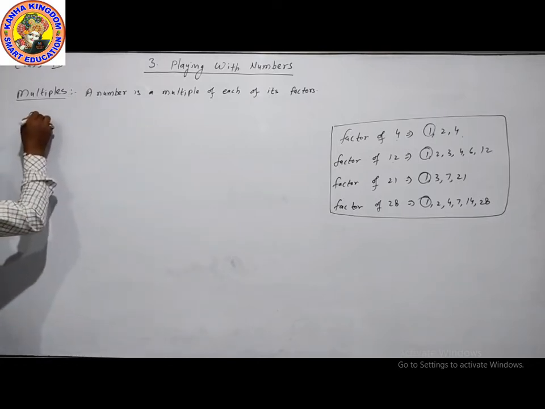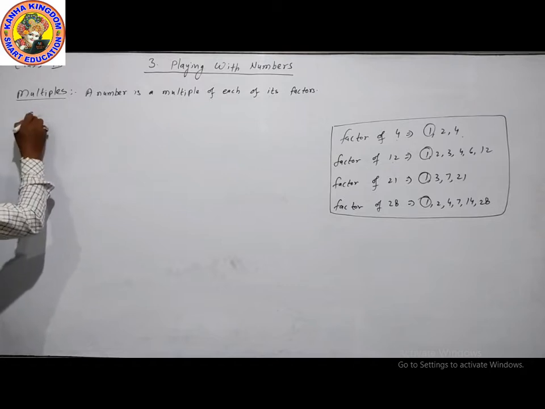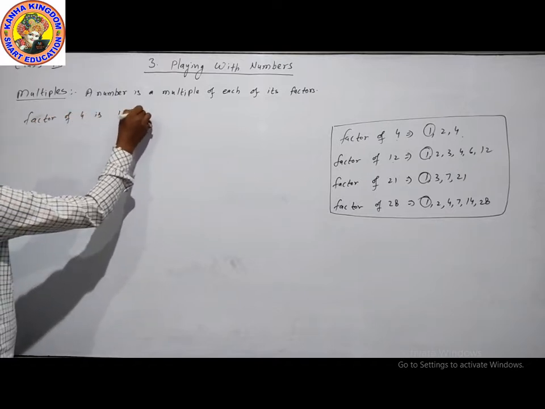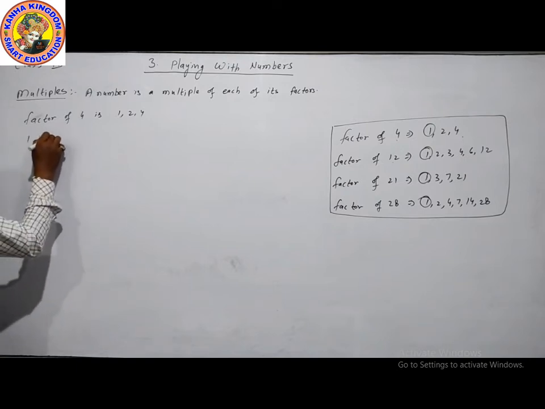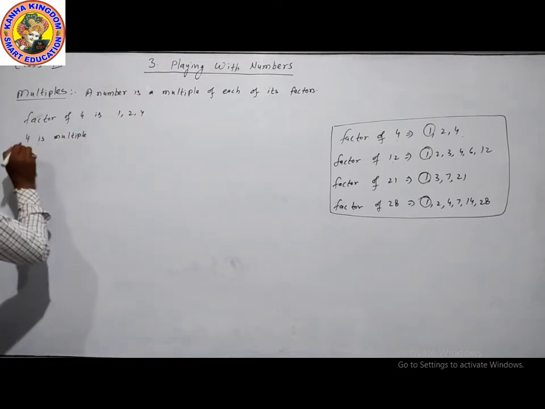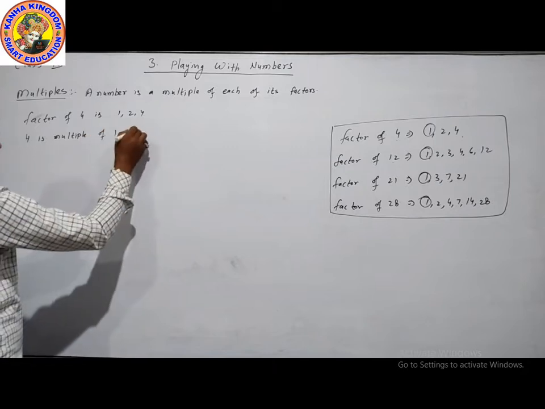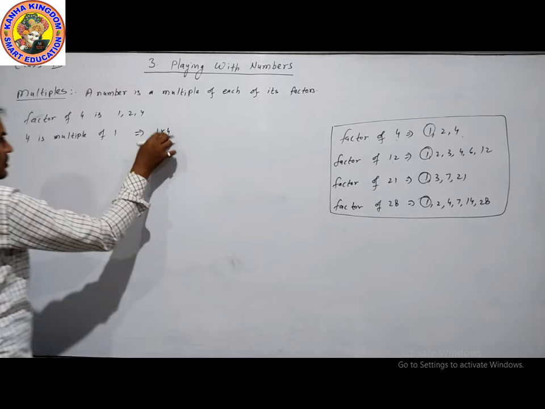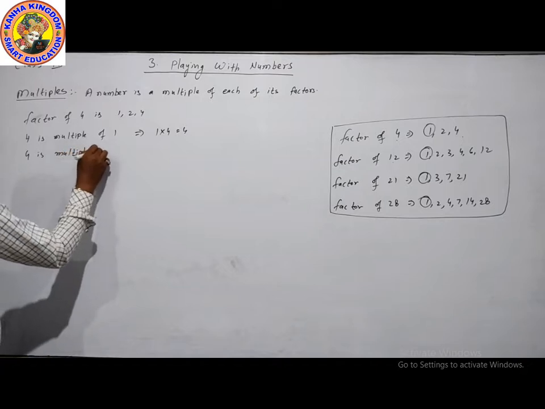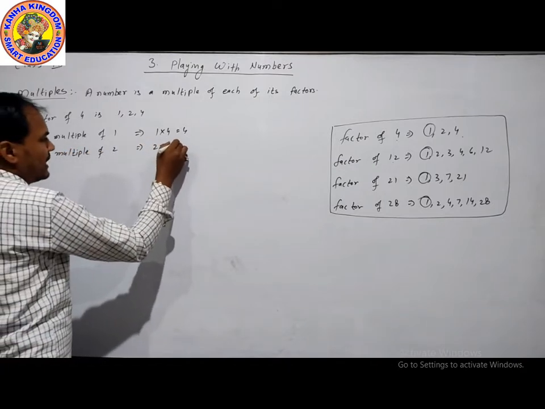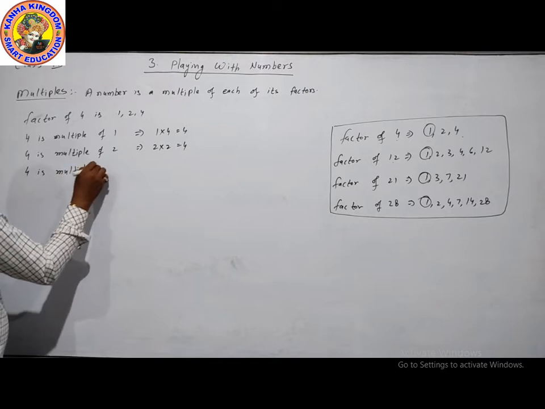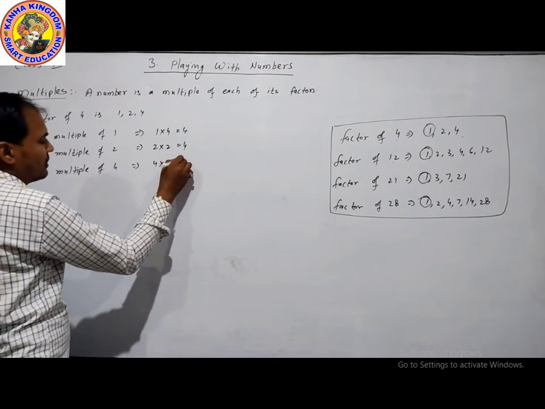For example, factors of 4 are 1, 2, 4. So 4 is a multiple of 1 because 1 into 4, answer is 4. 4 is a multiple of 2 because 2 multiplied by 2 will be 4. 4 is a multiple of 4 because 4 into 1 is equal to 4.